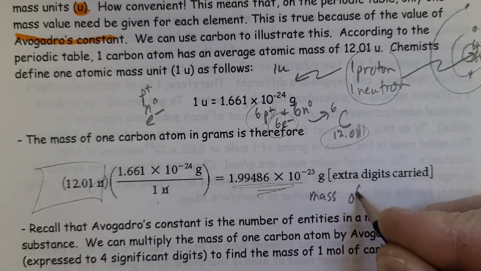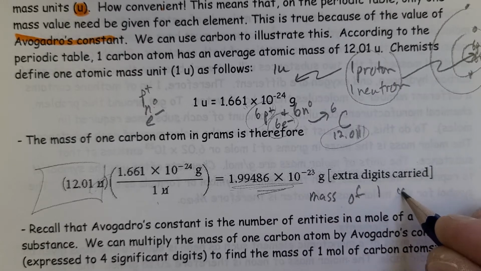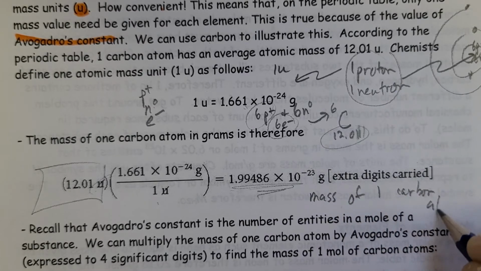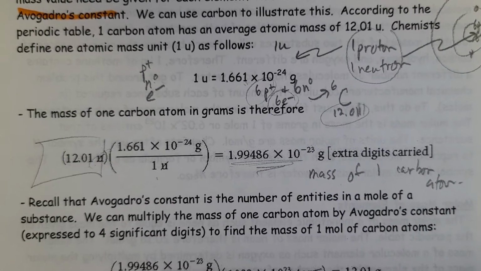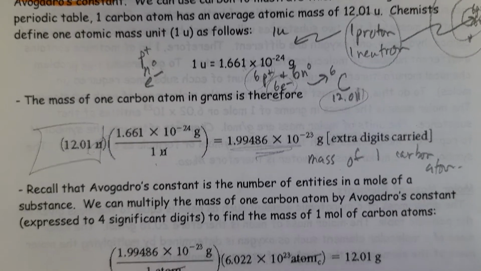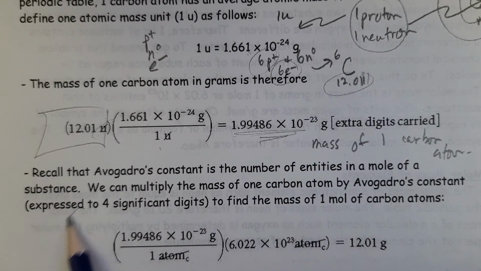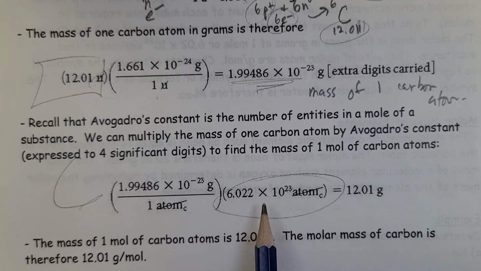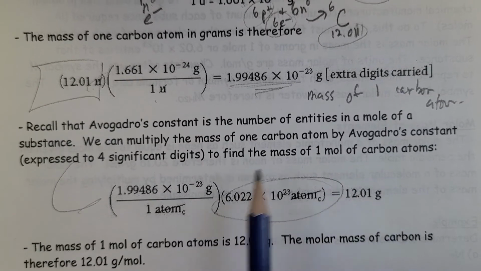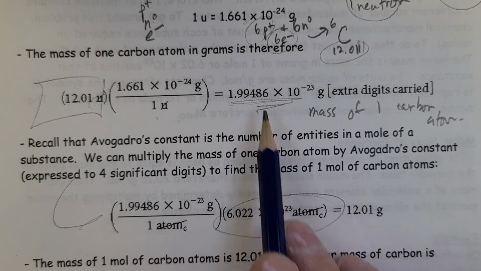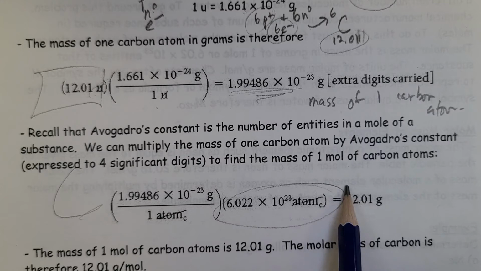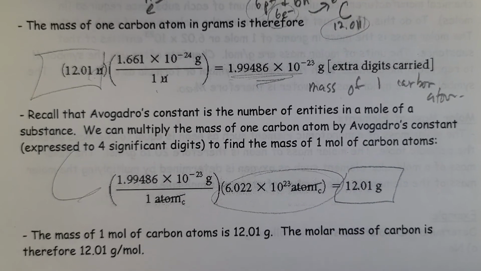Mass of 1 carbon atom. And of course, if I take not just one of those atoms, not 100, but if I take 6.02 times 10 to the 23rd of those atoms, so if 1 atom is that, multiply that by that number, and lo and behold, look what we get: 12.01 grams.